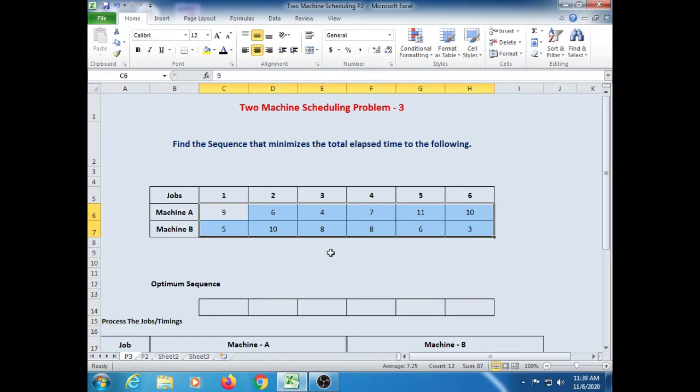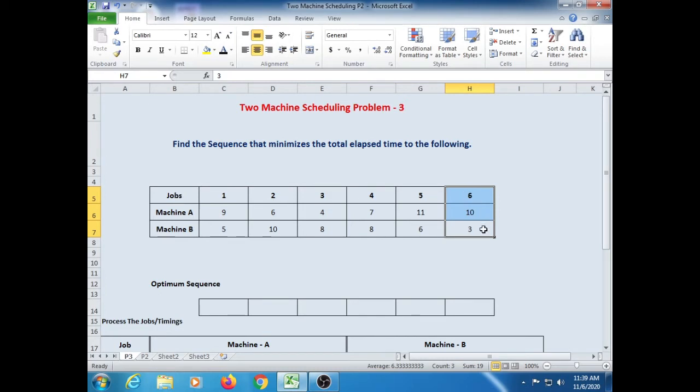So here among all these processing times, 3 is the lowest processing time. There is no other lowest processing time we have. So this 3 processing time is related to machine B, and it is related to job 6.